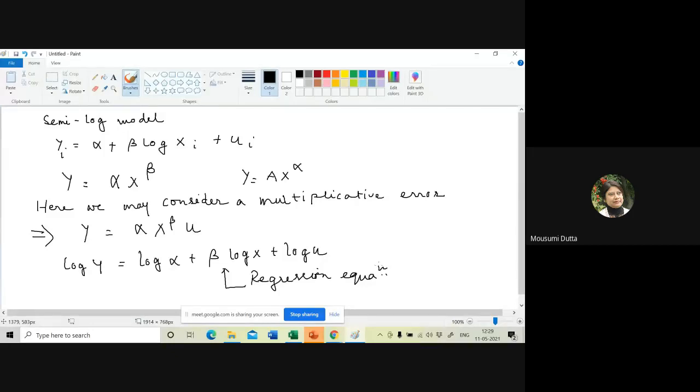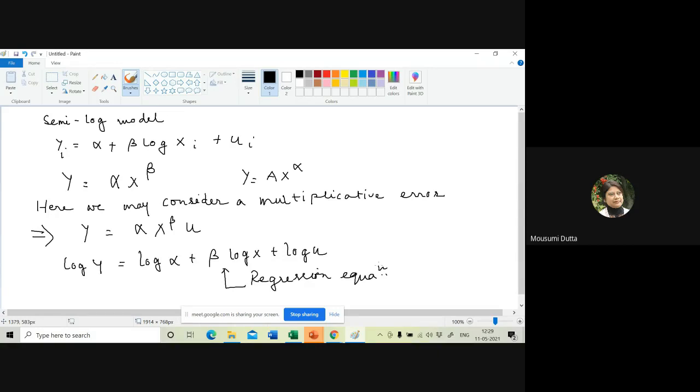In our entire analysis, if a model is linear in parameters, then we will consider it to be linear. If it is non-linear in variables, it will still be treated as a linear format as long as it is linear in terms of the parameters of the model. So remember this thing.